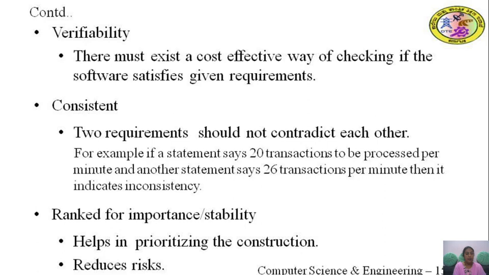This characteristic helps in selecting the requirements for an iteration based on the ranking. Therefore, this factor plays an important role in iterative development of the software. This also helps in reducing the risks associated with the project.